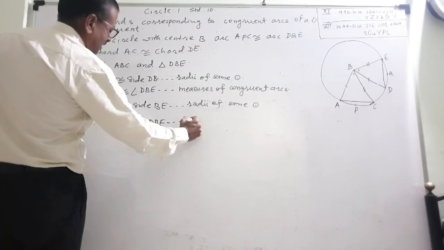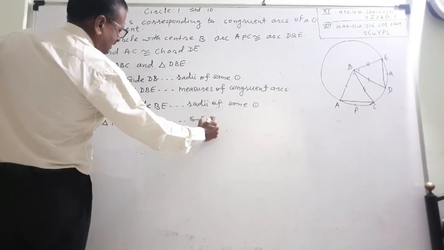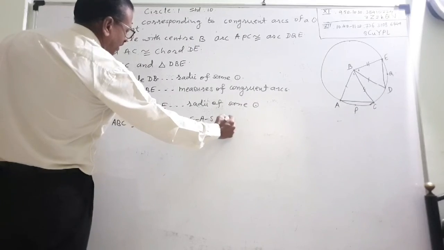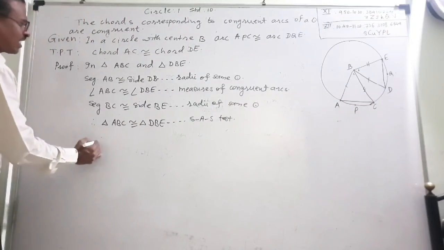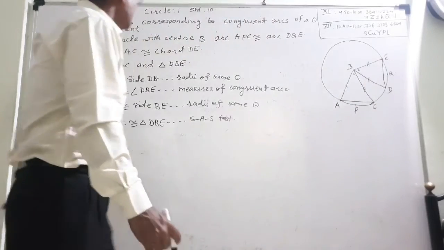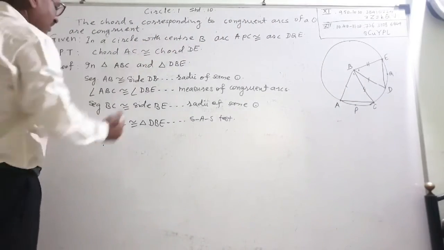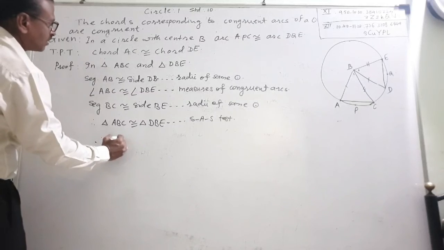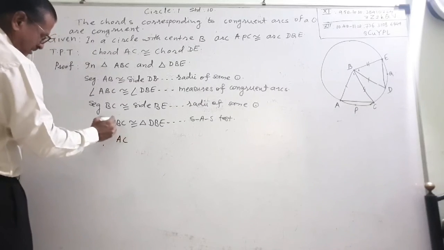Reason, SAS test for congruence. Therefore, what I want? I want AC congruent DE. Here I have written. Therefore, AC, this.